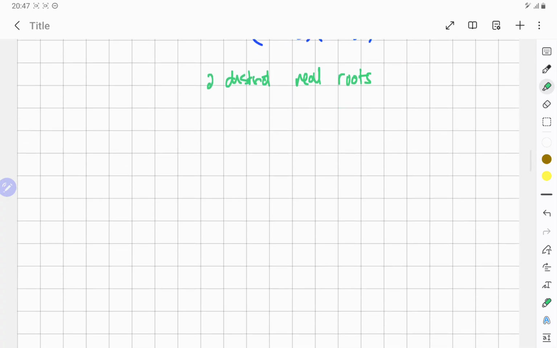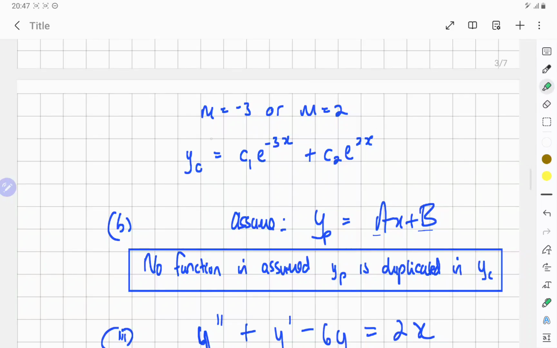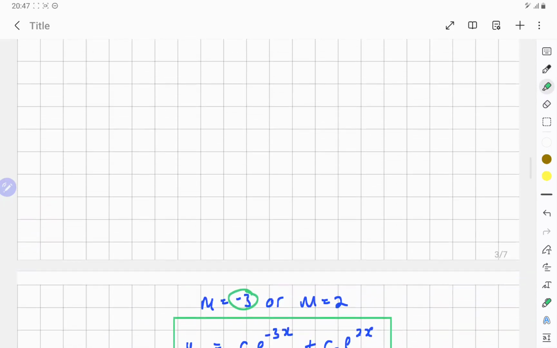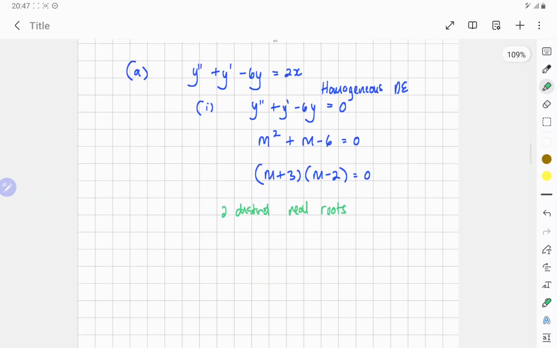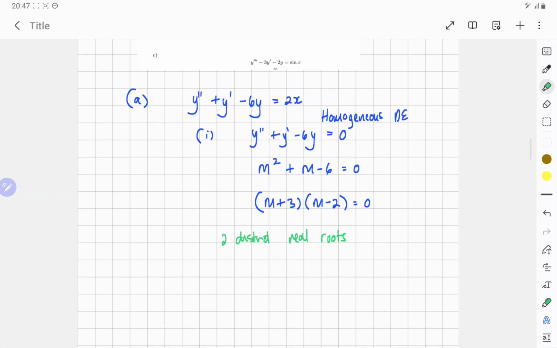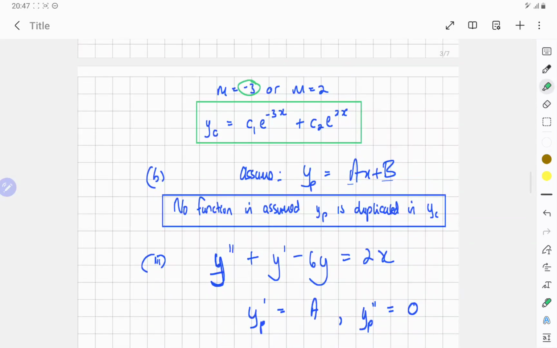And just recall, if you have two distinct real roots, your complementary function will be c1 e to the negative 3x plus c2 e to the 2x. So make 100% sure you understand this. I did solve my complementary function first. Now what is my next step?